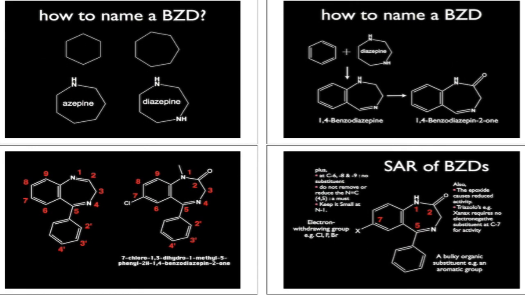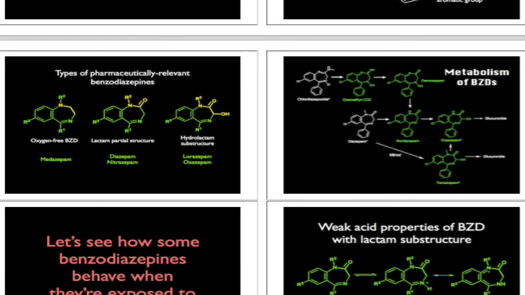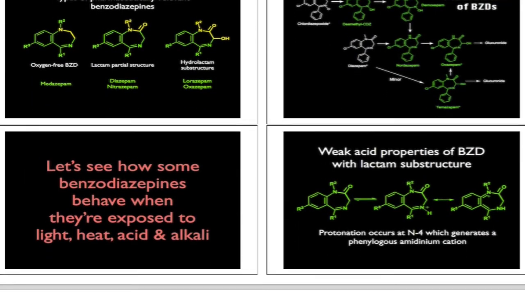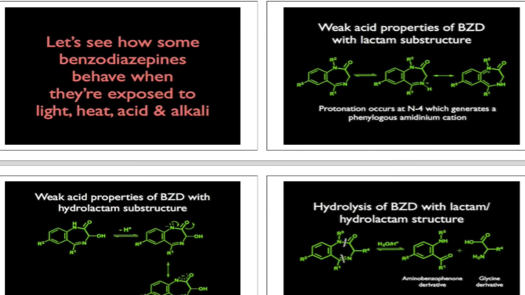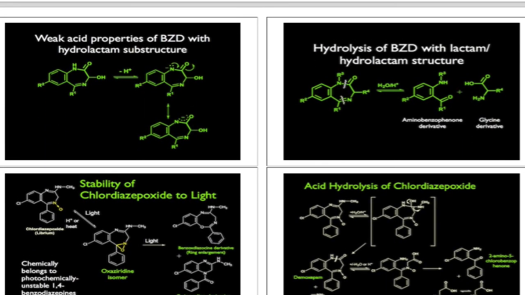You can see here ways to name and number benzodiazepines, for example, diazepam. You should know the metabolism as well, and how the structure of a benzodiazepine can remain stable or unstable under certain conditions.